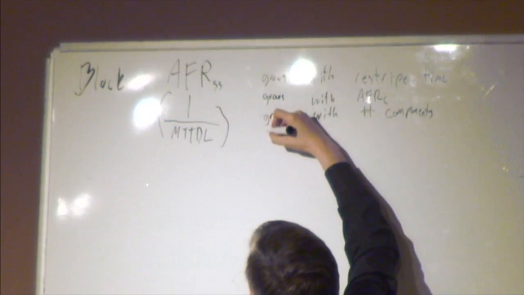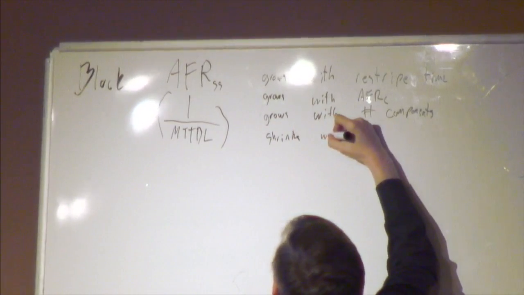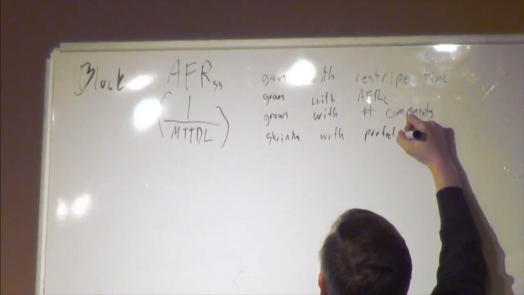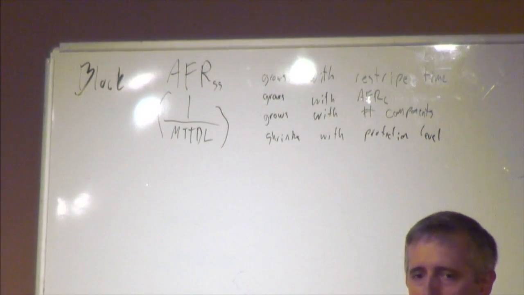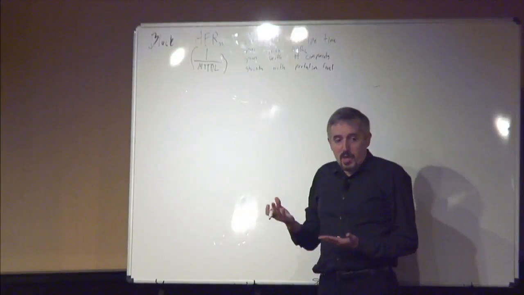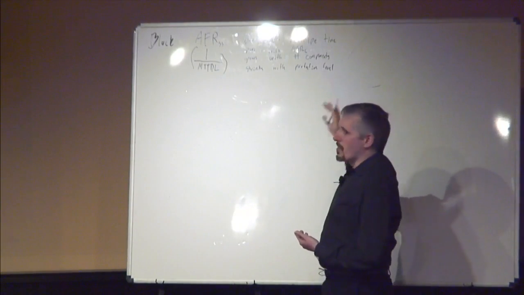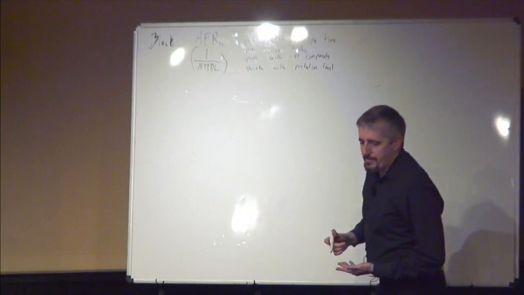And then finally, it shrinks with the protection level. So if you have it at +1, or you have a RAID 5 or RAID 6 or +3 or whatever, the more failures you can handle, obviously, the lower your AFR.